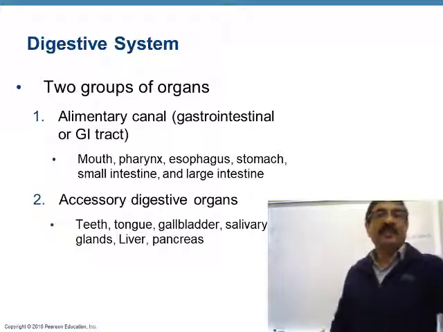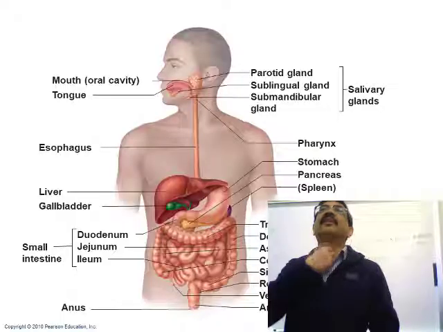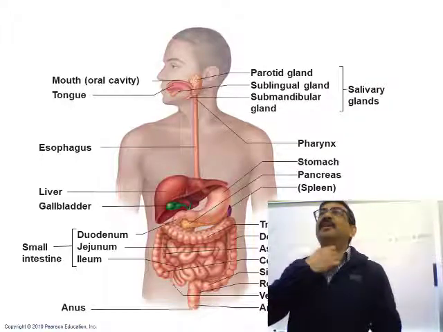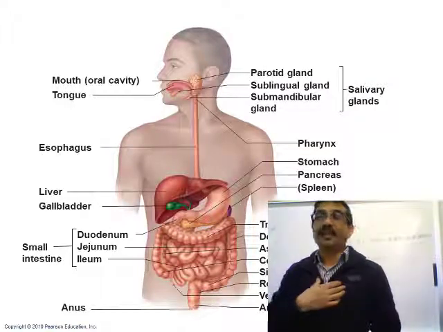In some places this tube gets wider, in some places gets narrower. For example, your mouth is the first part, then pharynx, then esophagus. You know, esophagus is a long narrow tube that takes the food to the stomach.